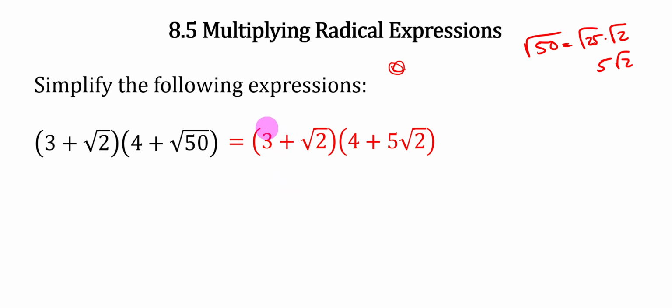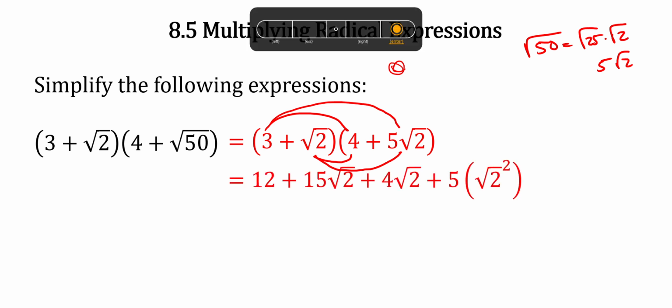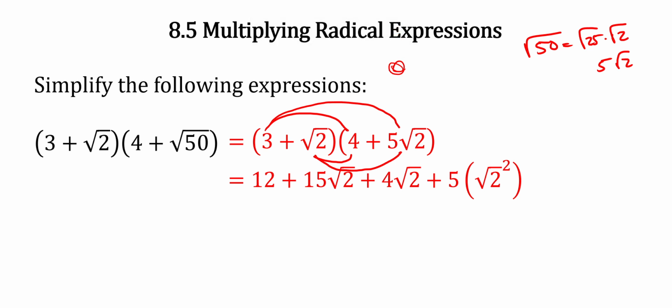So now I'm going to get 12 plus 15 square root of 2 plus 4 square root of 2 plus 20 times square root of 4, or if you want to think about it as 5 square root of 2, squared.